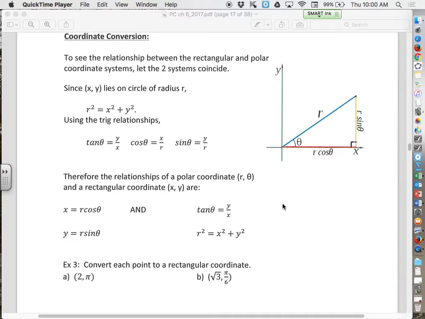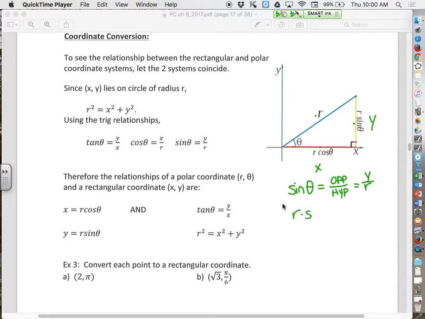So if you think about a right triangle, our hypotenuse is the radius, we'll call that r. If I call this y and this x, these equations all come from this right triangle here. So if I looked at the sine of angle theta, that's the opposite over hypotenuse, and in terms of this triangle, the opposite side would be y, the hypotenuse would be r, and then I could solve this for y.